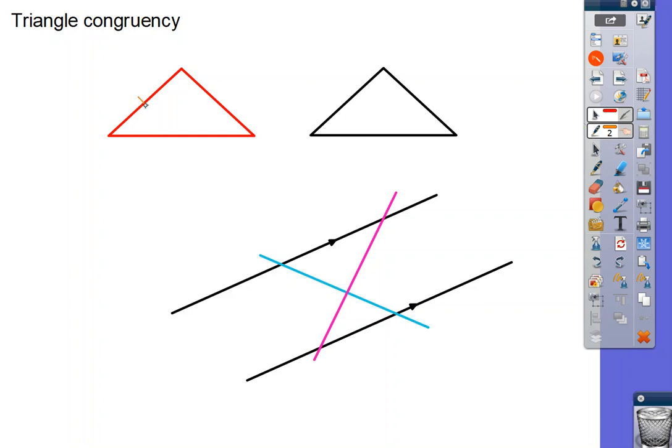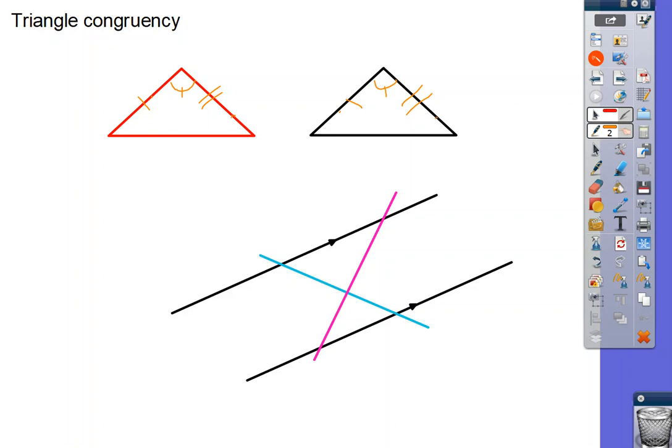Now, if a triangle has two pairs of congruent sides, so in other words, this side here is congruent to this side here, and this right side is congruent to this right side, and the angle that is adjacent to both side lengths happens to be congruent, we can say that you have two congruent triangles.